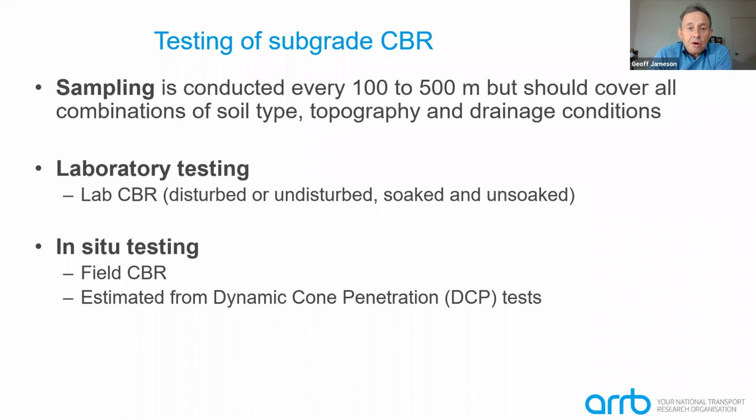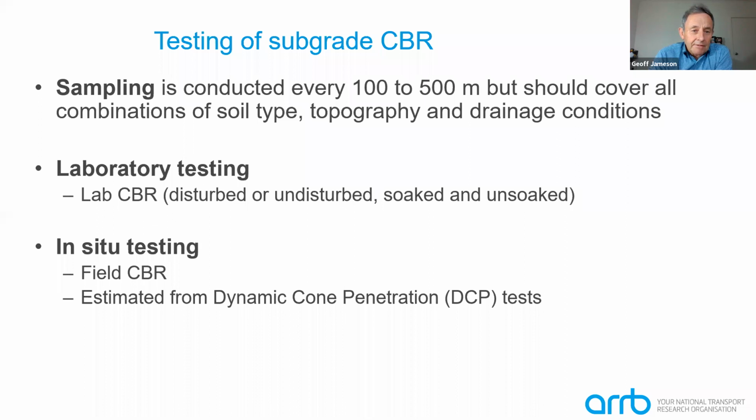We try to look for combinations to address variations in soil type, topography and drainage conditions. But you can see with a natural material, even those sorts of intervals really have trouble picking up the variation in natural materials along a project. So we are limited by the amount of sampling and testing we can do for this variable material.